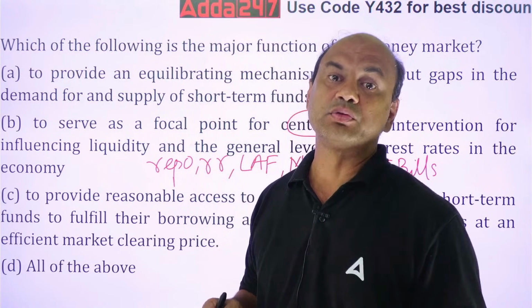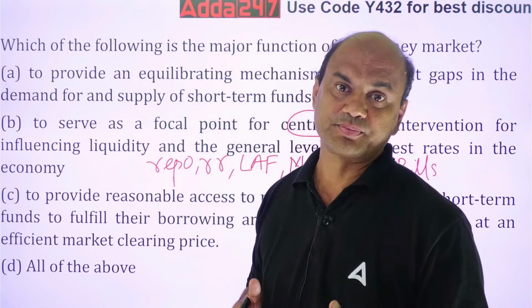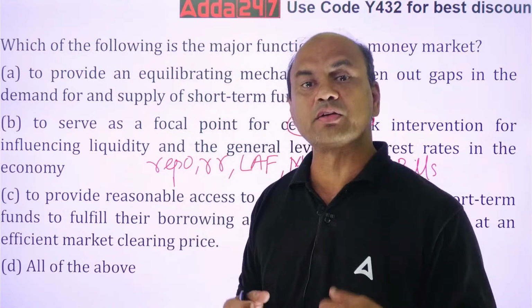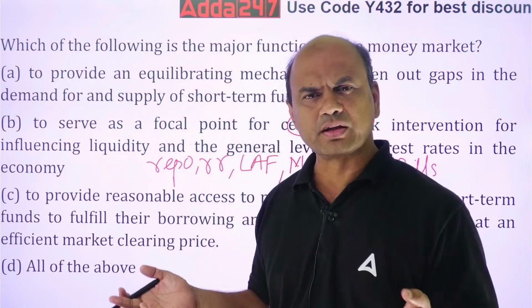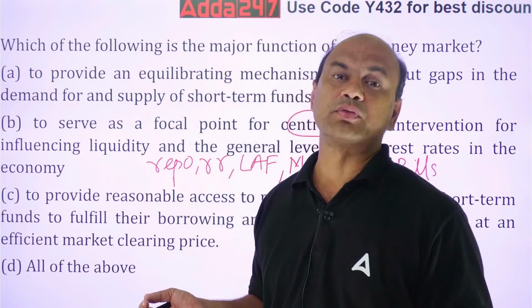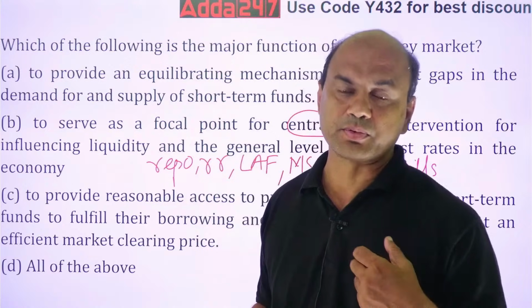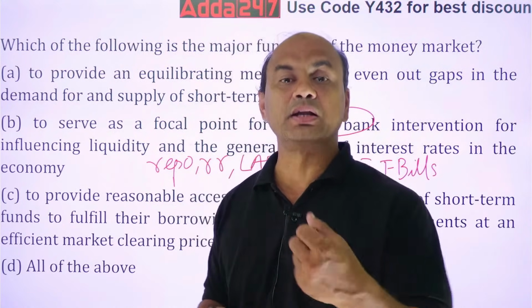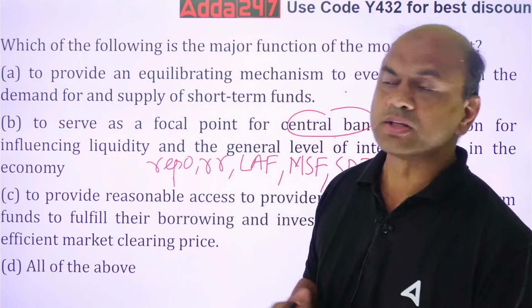They will issue special bonds, or they'll take back the bonds and give the money through reverse repo. If there's huge liquidity, then what will it do? It will suck the liquidity through reverse repo. If the liquidity is less, then it will give the money to the banks by repo transactions. So these are the various tools.